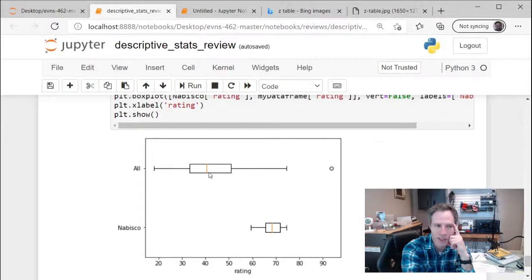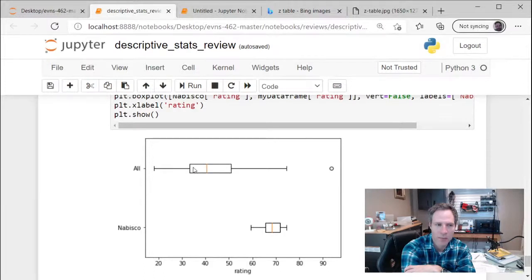If you go down here to the x-axis, we can't read this exactly, but this is about a score of 33 and this is about 53. So when you're looking at all the cereal in the population, 50% of the cereals have a rating that's between 33 and 53.